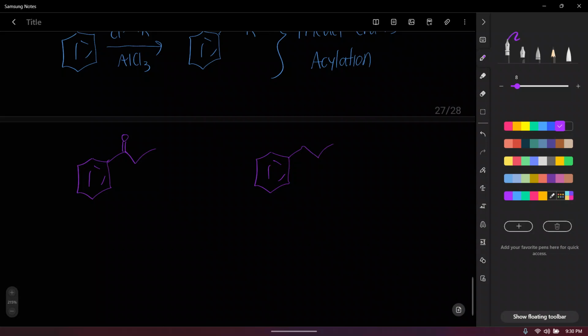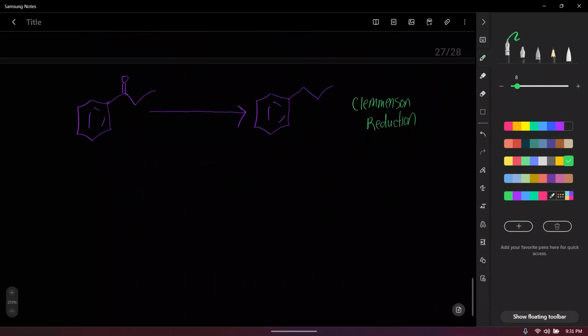The only difference is that one has a carbonyl group. And you can actually convert the one on the left to the one on the right, which is why Friedel-Crafts acylation becomes very, very important. The way that you do this is with something called a Clemmensen reduction.